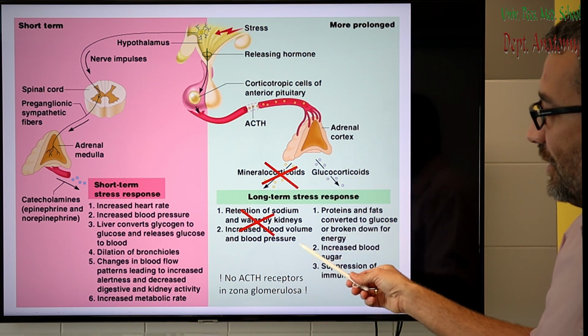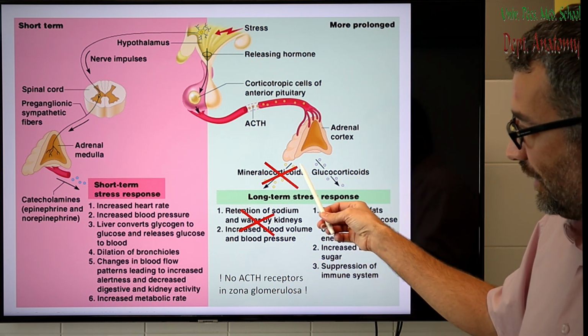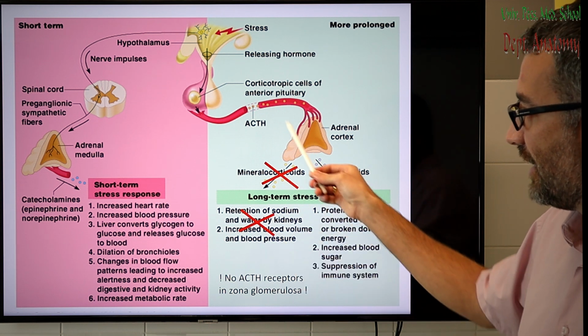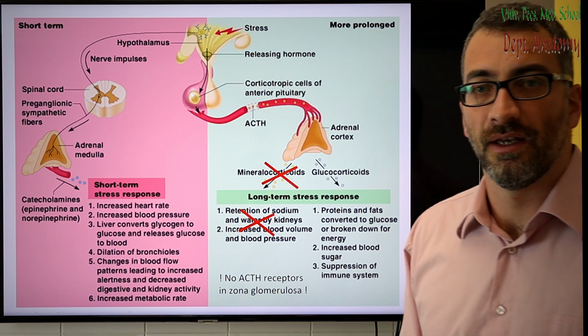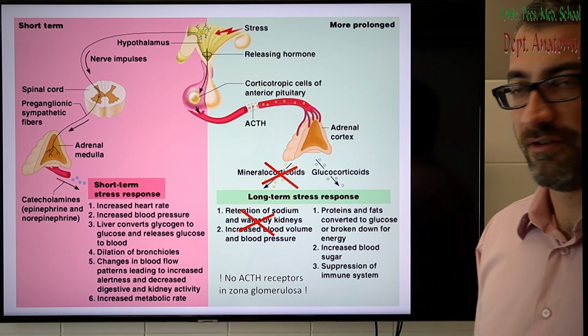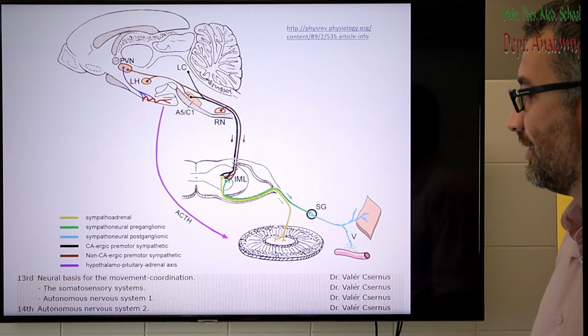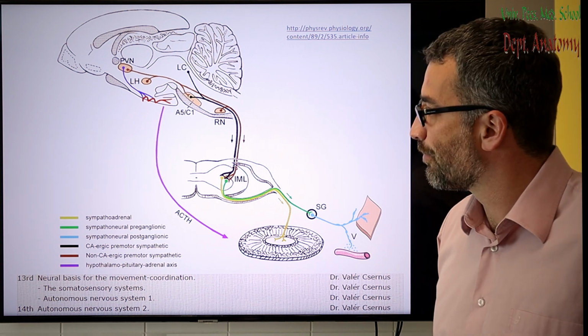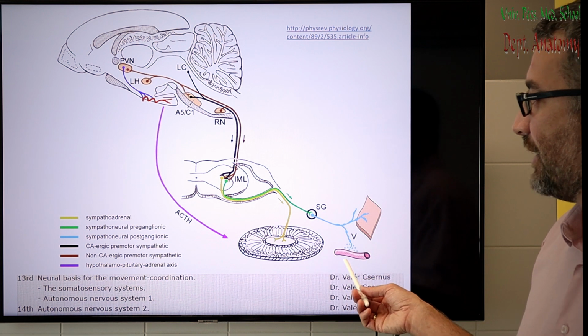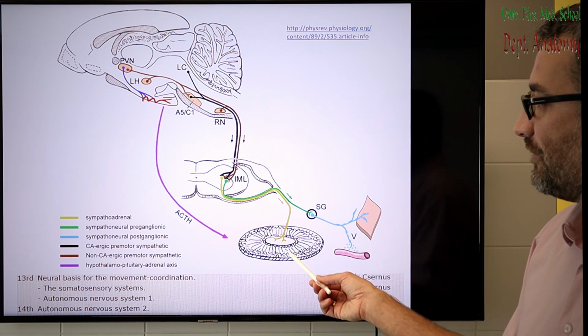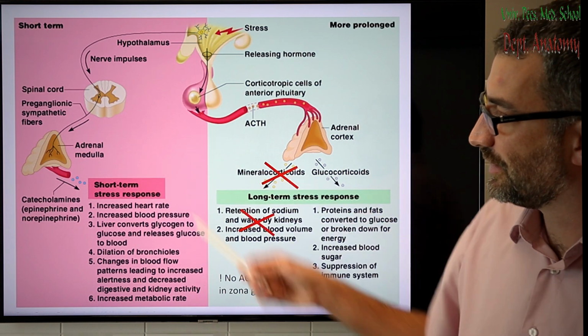But here on this chart there is a mistake. Actually, ACTH has no receptors in zona glomerulosa, so the aldosterone production is not affected by the ACTH. And on this drawing we have a better picture of the regulation of the medulla, which we have seen here on this side.